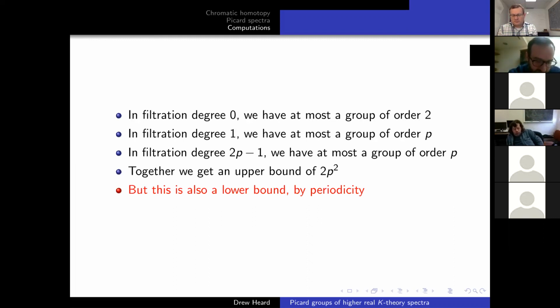It's been developed by Rognes, Sagave, and Schlichtkrull. I'm curious about the relationship between this GL1 that you worked with and Pic here, and if you've thought at all about a sort of graded Picard group in analogy to the graded unit spectrum. I haven't, no. And I'm not familiar enough with this graded GL1 either to say anything, unfortunately. Okay, all right, thanks.